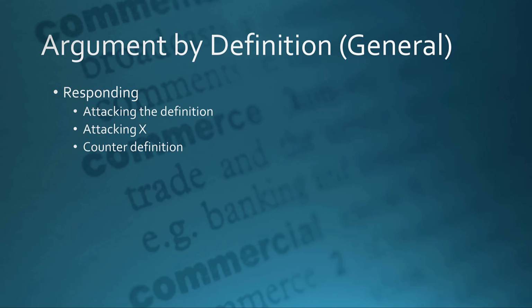So if the definition of country song is such that this song doesn't fit it, and you show that, the argument would fail. Or another example, if someone argues that dolphins are people based on certain qualities, but then it's shown that they are wrong about those qualities, then they wouldn't be people.